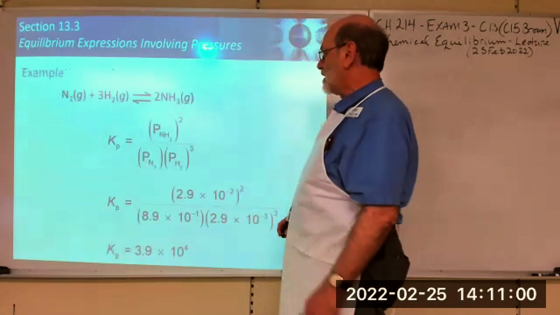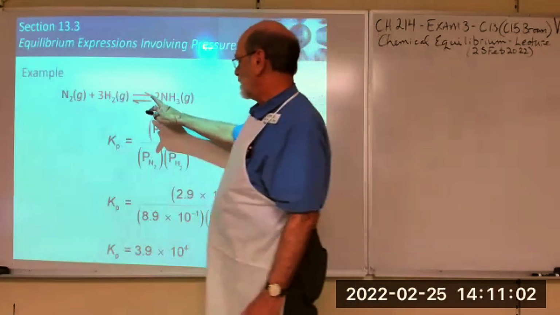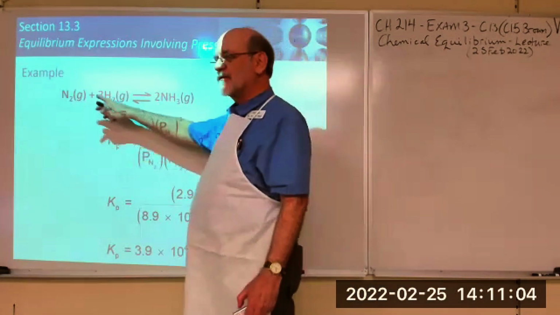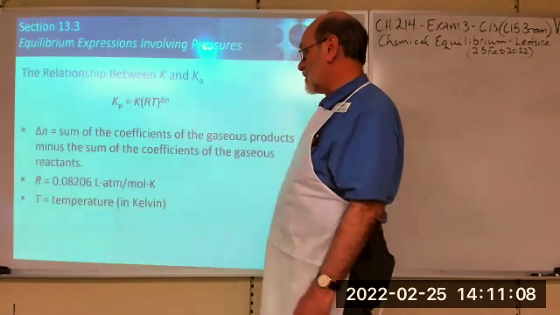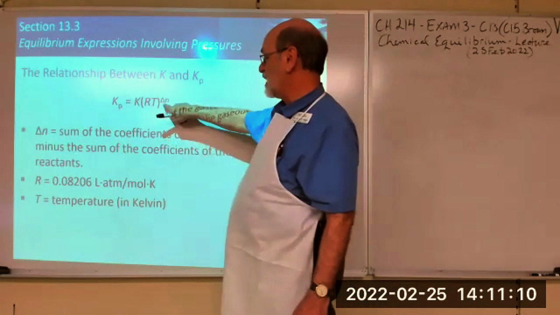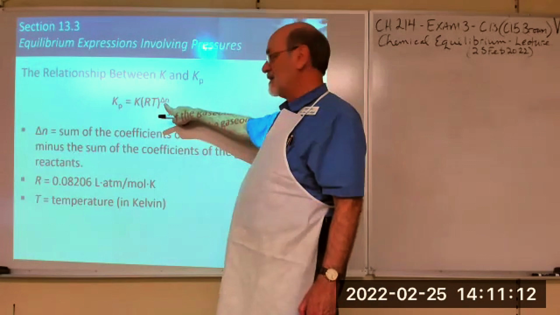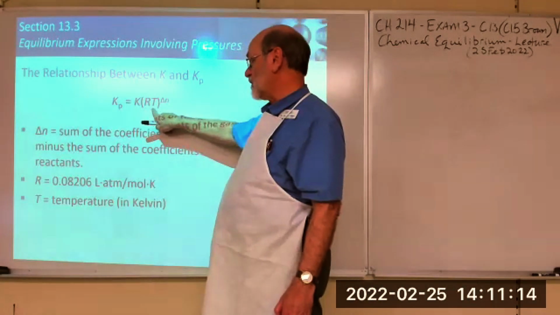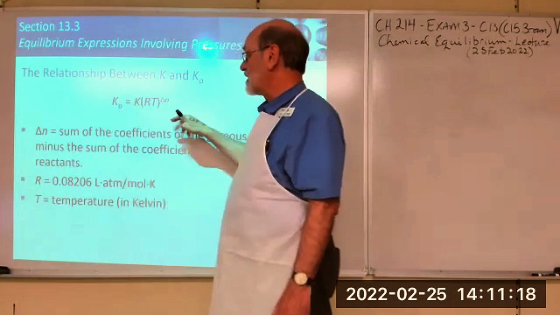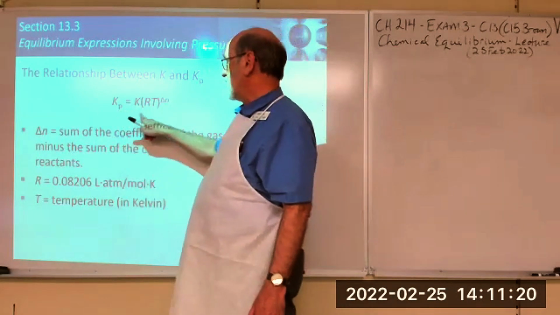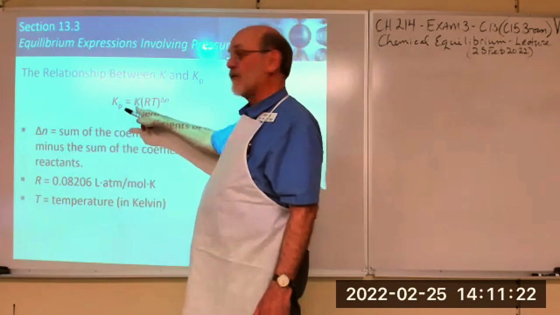So if we go back, 2 minus 4 is minus 2. So you can have a minus. So this will be minus 2. And then you'll have R and whatever the temperature is, and then stick in the K. In this case, we would put that value in, put this one and that one in, and solve for that one.